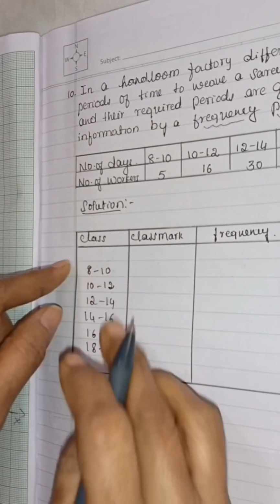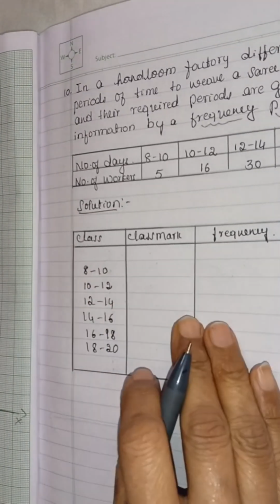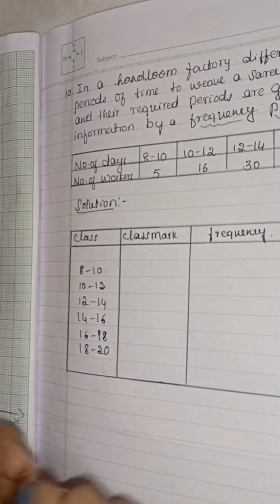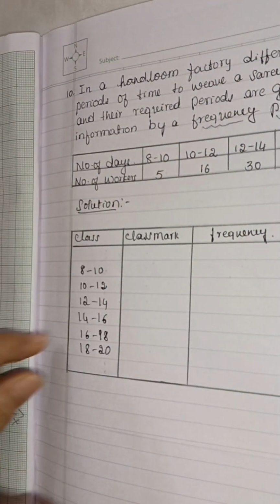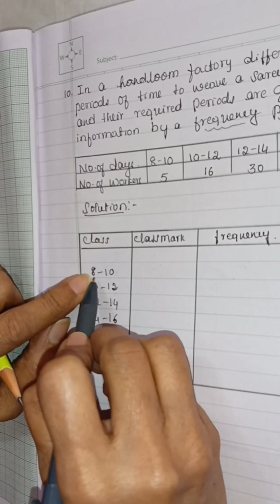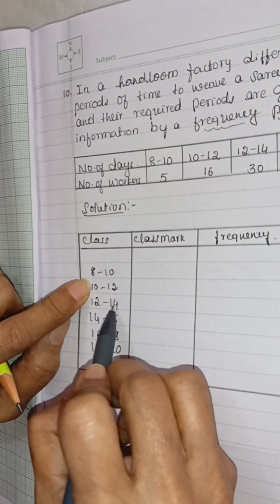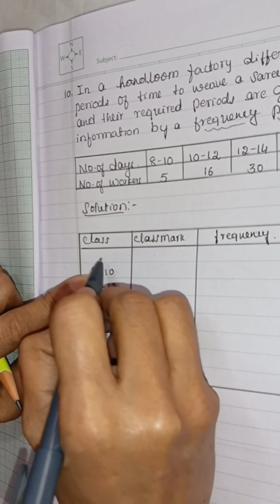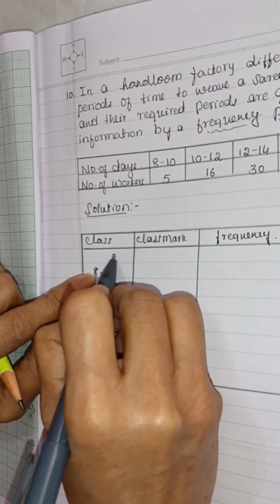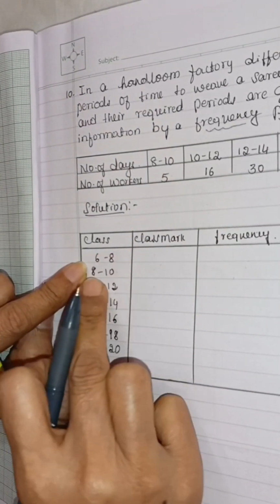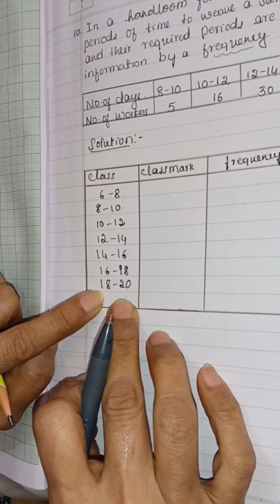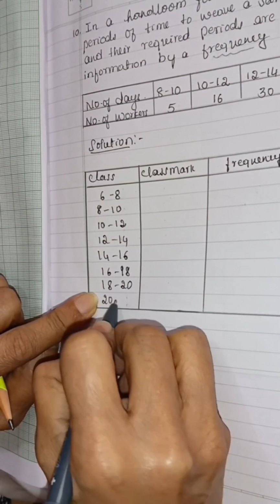If you draw according to this given table, the figure cannot be a closed shape, so we have to take a previous class. What would the previous class be? See, the difference is 2: 8 to 10 is 2, 10 to 12, 12 to 14, 2. Since 8 comes here, with a difference of 2 it is 6 to 8, then 8 to 10. Then the class after the last class is 20 to 22.